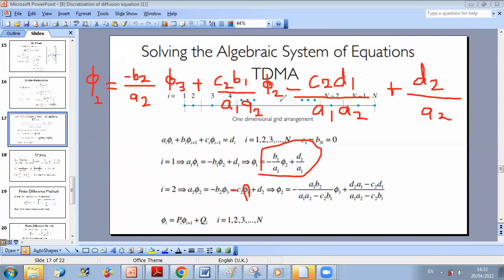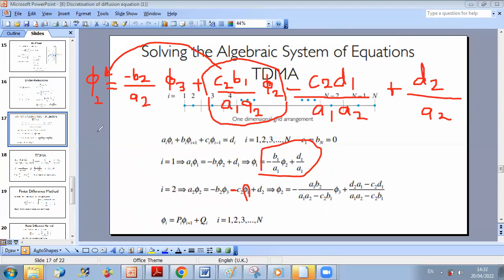Now, you have this term here, function of phi 2. So I will take it to the other side, to the side of phi 2. Okay. And now what do I obtain?